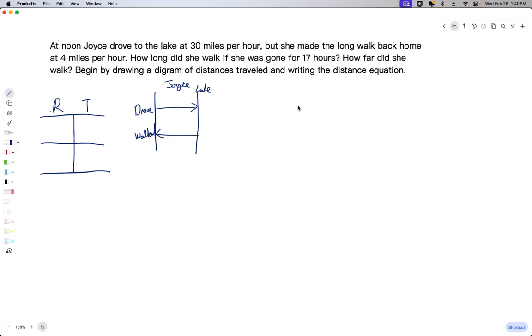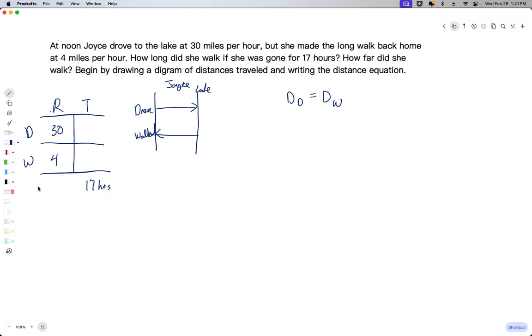So that means the distance that she drove is going to be equal to the distance that she walked. So it says that she drove at 30 miles per hour, but she walked at 4 miles per hour. So how long did she walk if she was gone for 17 hours? So the total of these two times is 17 hours.